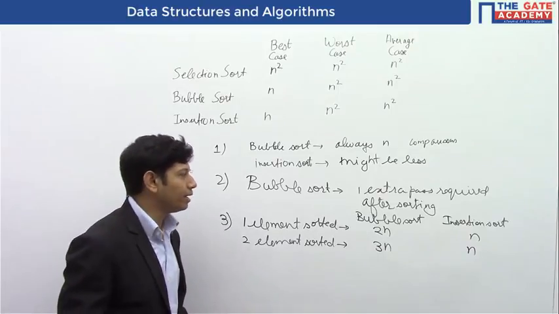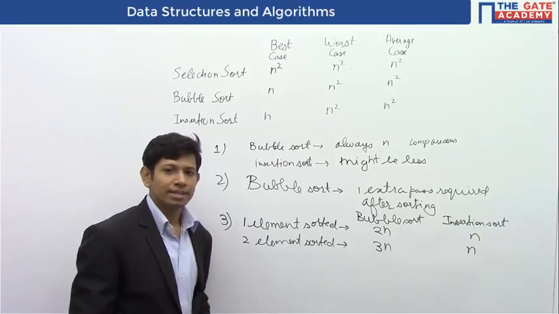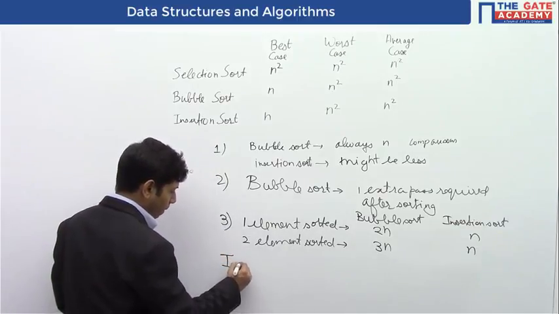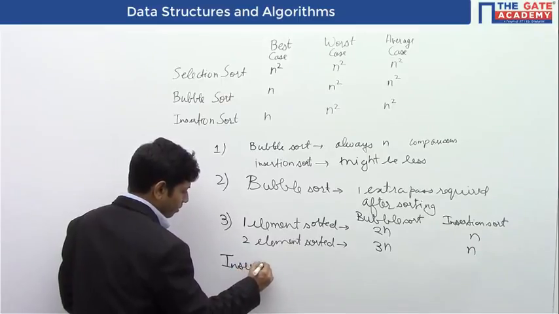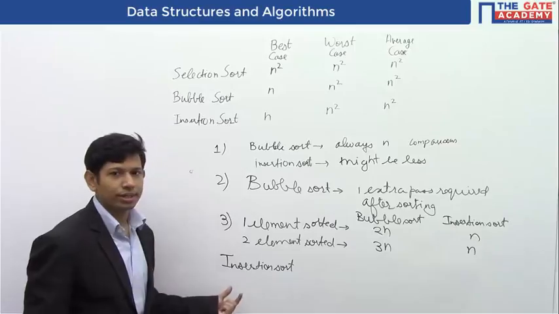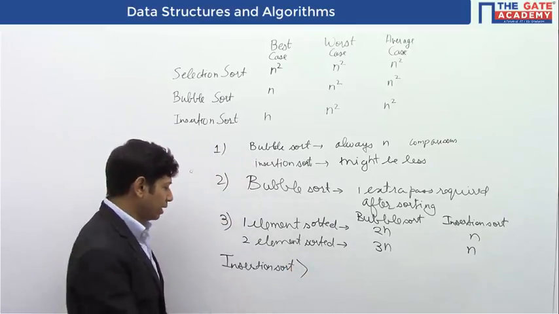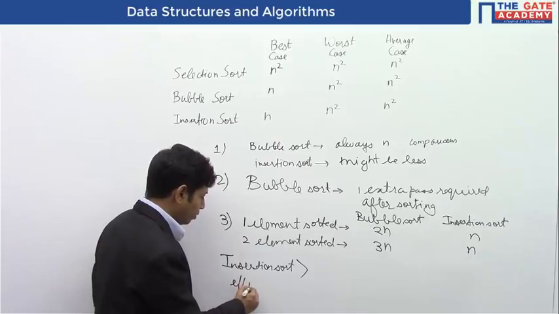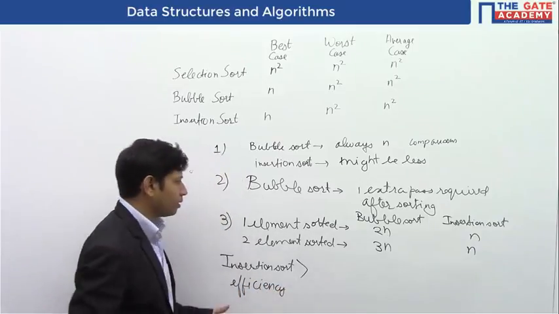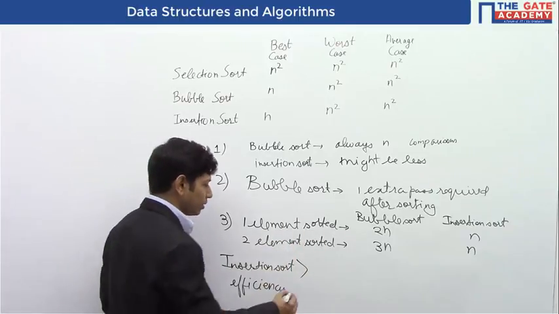So we can obtain the final time complexity of insertion sort, bubble sort and selection sort like this. Insertion sort is more efficient. Insertion sort efficiency is more than bubble sort, and bubble sort efficiency is more than selection sort.